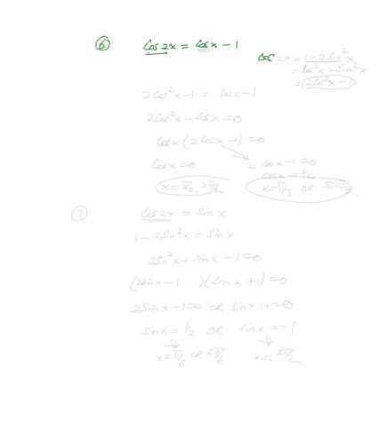So cosine of 2x could be written as 1 minus 2 sine square of x, or you can write this as cosine square of x minus sine square of x, or 2 cosine square of x minus 1.